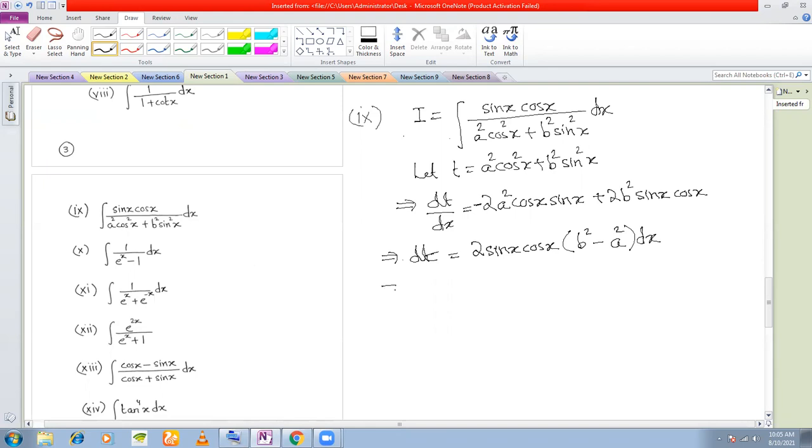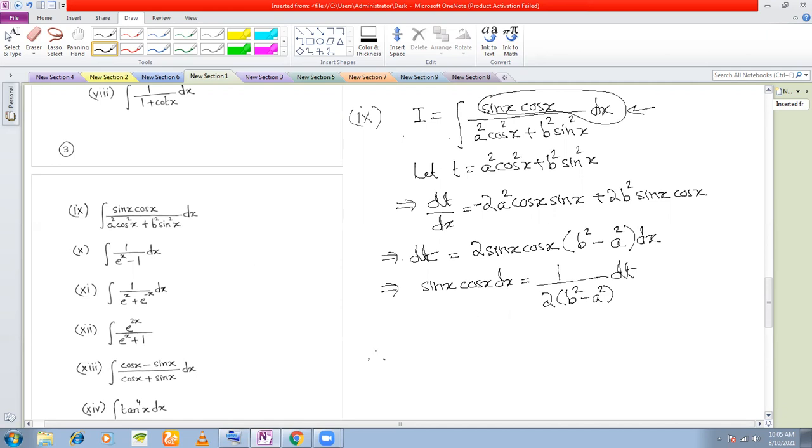Right? So in the numerator you have sin x cos x dx. So sin x cos x dx will be equal to 1 by twice b square minus a square dt, isn't it? We have got the value of this part, right?